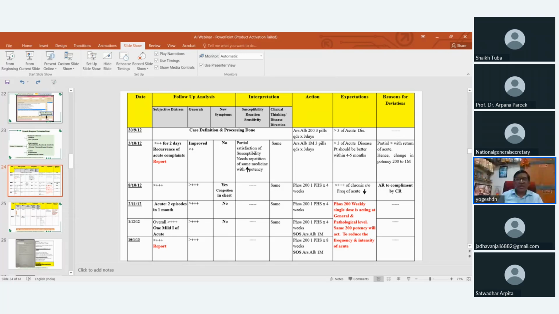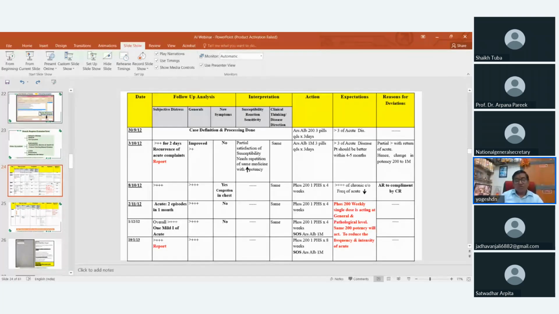We had selected on a certain understanding of the remedy, understanding of the totality, and we are expecting that amelioration should be there. So after a few days, there was amelioration for 2 days, and there was recurrence of acute complaints. This was the report from the patient.